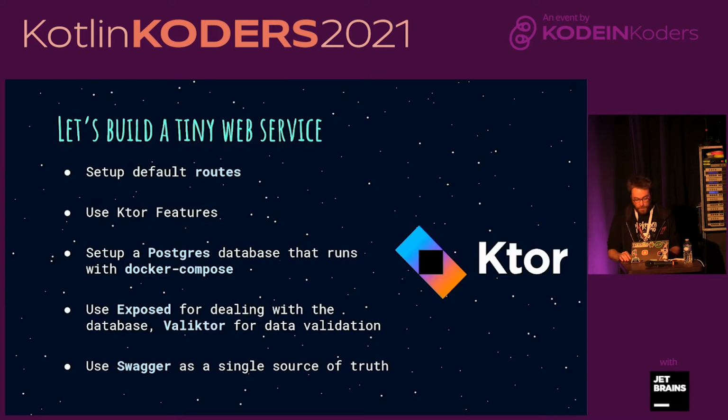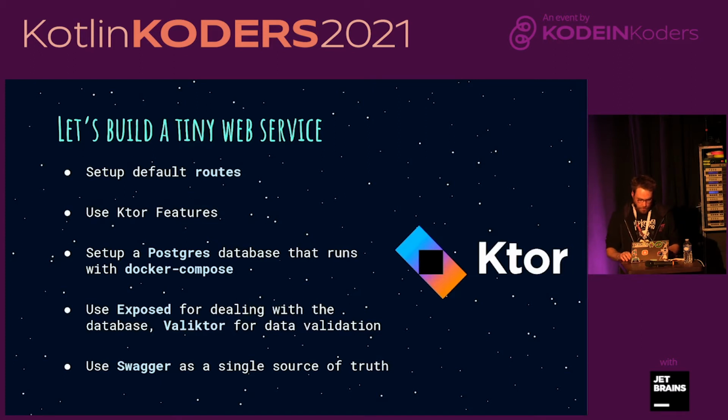We're going to use Exposed to communicate with that database and query it. And we will be using a validator for the data validation of the request. And for the shared code part, I'll show you how you can use Swagger to build a very strong contract between your client and your API.